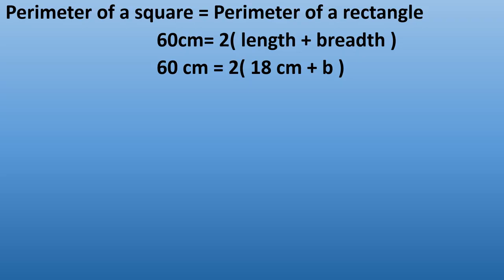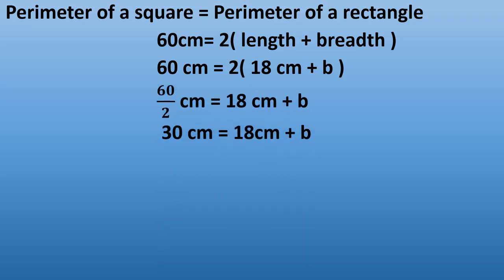Now we will do cross multiplication. We will shift this 2 to the other side of the equal sign. See, this 2 is on the right hand side of the equal sign. Now we are shifting it to the left hand side, and when it shifts, here it is multiplying, so there it will divide. So it is 60 divided by 2 centimeter. Now the 2 has gone.